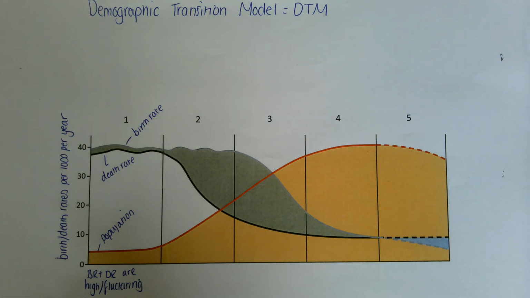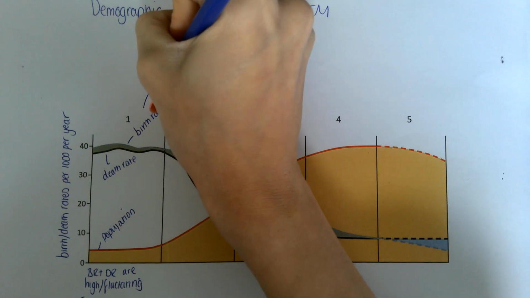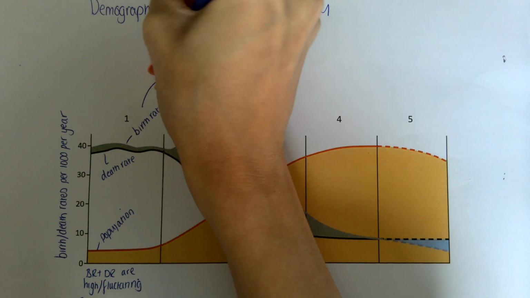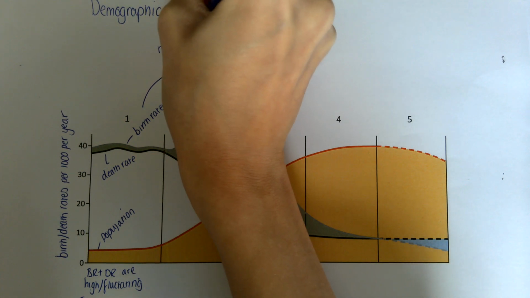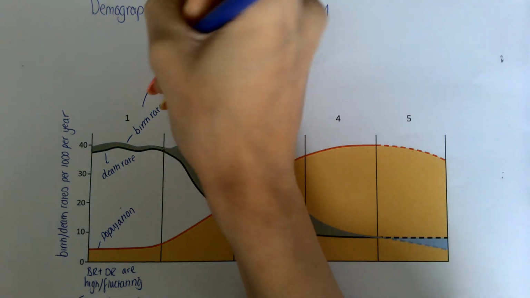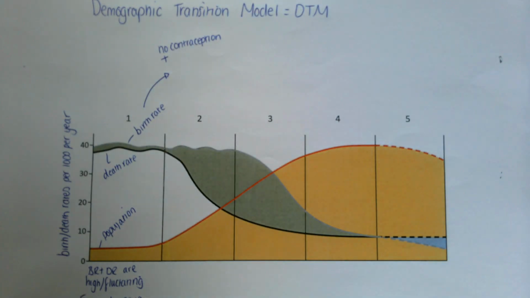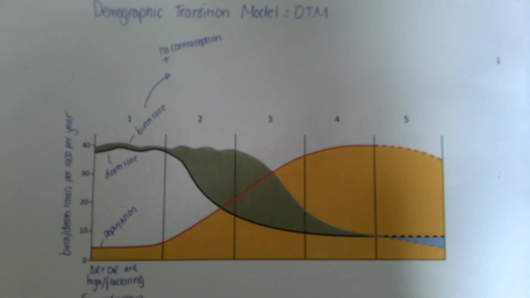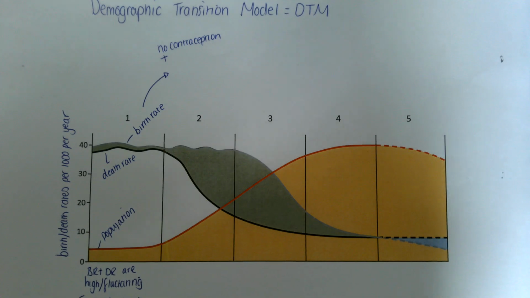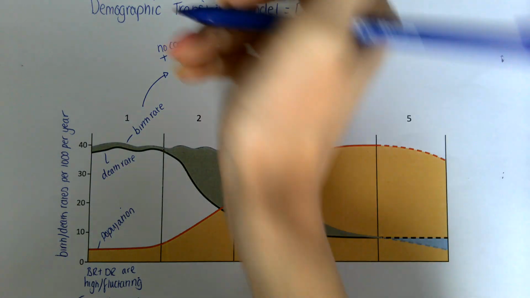Your birth rate's really high because of a few reasons. Your birth rate is high, potentially due to having access to no contraception, which also goes for stage 2. Also, they may use their children for working agriculturally for them, and there also may be a high infant mortality rate.